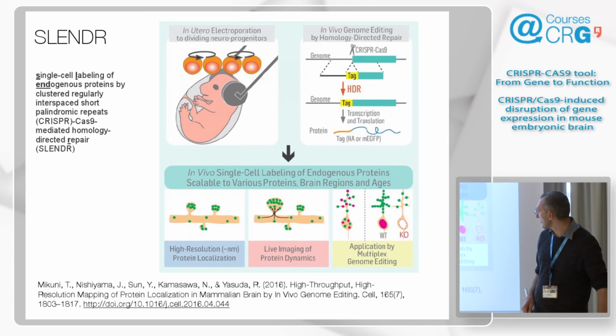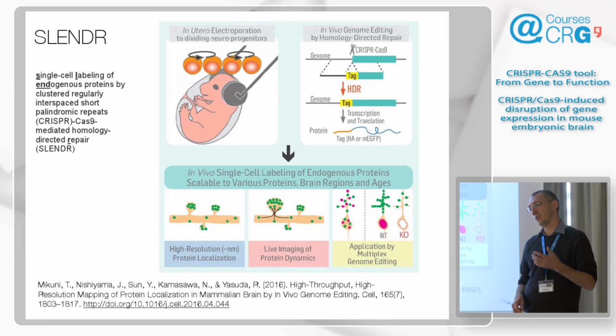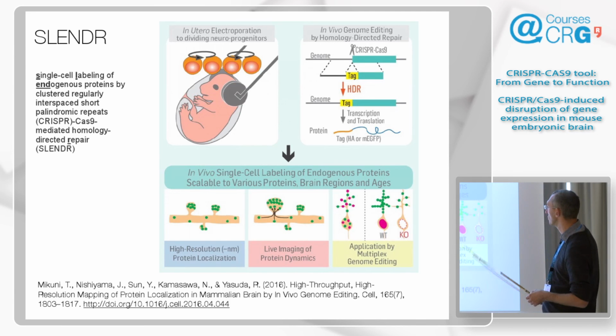All right, so this is really not new. In neurobiology, they often use sparse electroporation of diluted markers or viruses. But this is now done through genome engineering at the endogenous locus. They also show that they could combine that with a knockout.